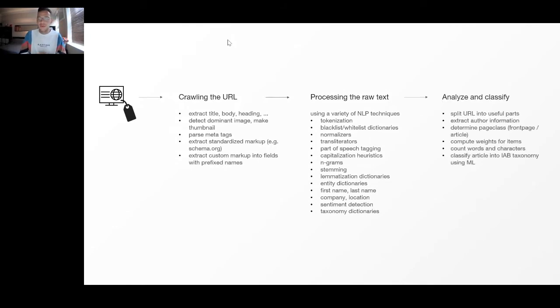And as soon as the NLP algorithms have been applied to the content, then it goes into analyzing and classifying that content, like splitting the URL into useful parts, computing weights for items, so how important is a specific entity for an article, and also classifying it into taxonomies or into dictionaries like the IAB classifications, and so on.